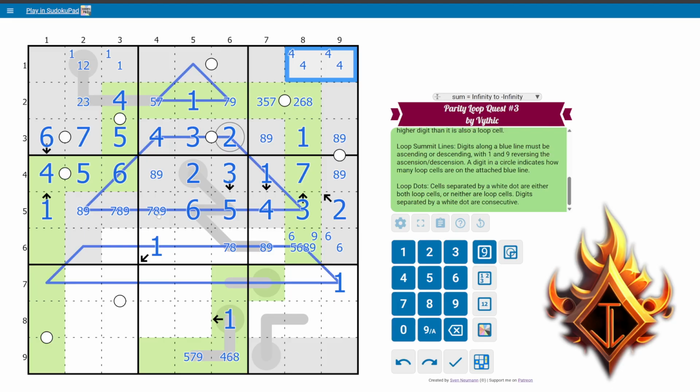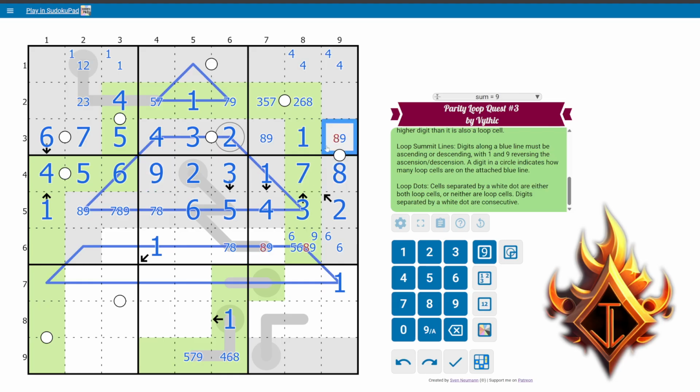This cannot be 9 now, because that would be 8. That would be 8 again. So this one is no. We have 7, 8. Let's do that. So that is 9.